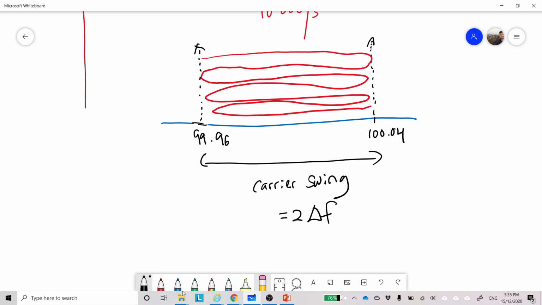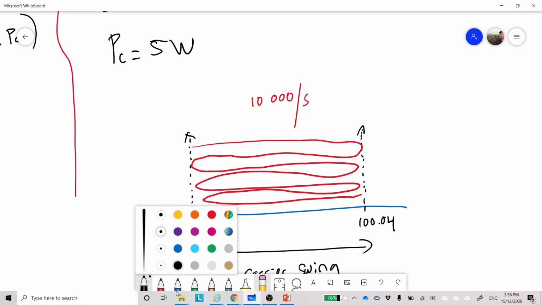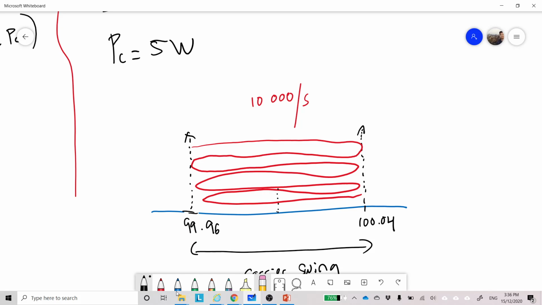2 times delta F. And we're gonna see that from here kita boleh simpulkan bahawa nilai di tengah-tengah, the center of this range of frequencies, this is what we call as a carrier frequency, iaitu dia punya rest frequency, iaitu FC.